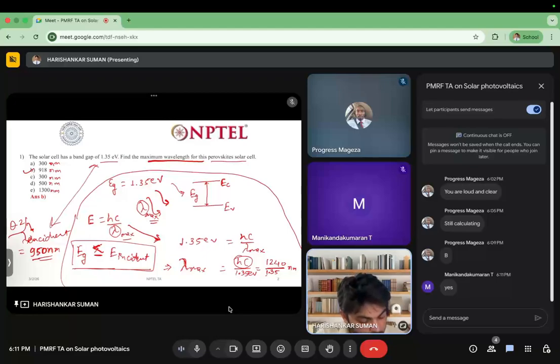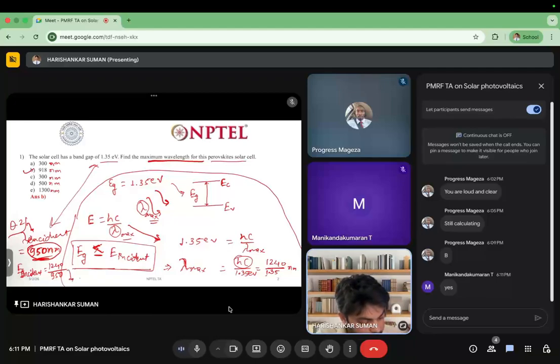Can you find the energy of this? Please find the energy of this incident photon. Just 12.4 divided by 950. Please check yourself.